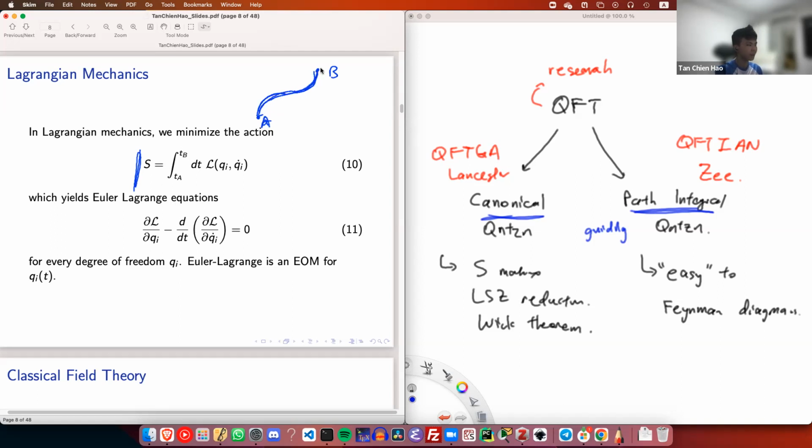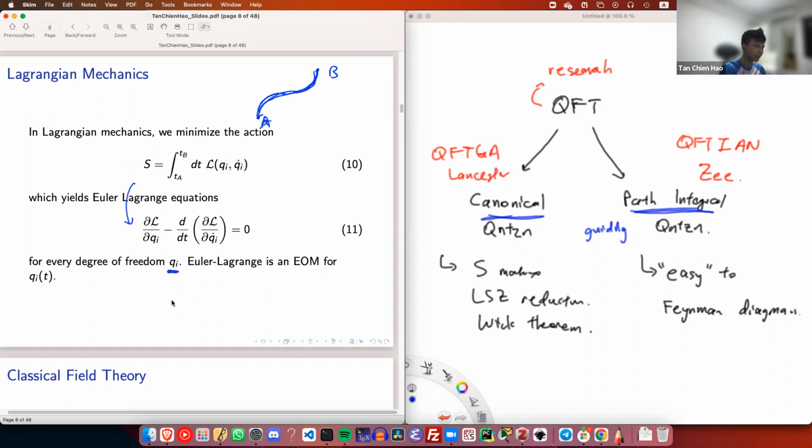This will come in later when we talk about the path integral as well. I won't go too much into detail; there are a lot of resources online about it already. You can show that finding the path of least action amounts to solving the Euler-Lagrange equations, which are a set of differential equations, one for every degree of freedom q.